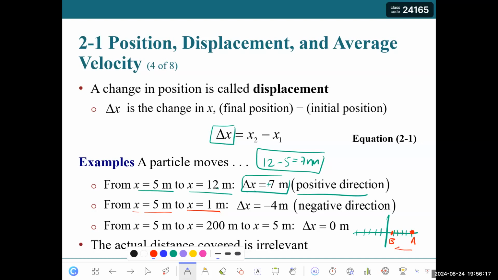You are moving towards the left. So how much did you move? You moved -4 meters. How does it come out? 5 minus 1 equals 4. And how do you get the minus? Because you go towards the left, you need to put the minus sign to show the direction, so you can tell it is not positive.